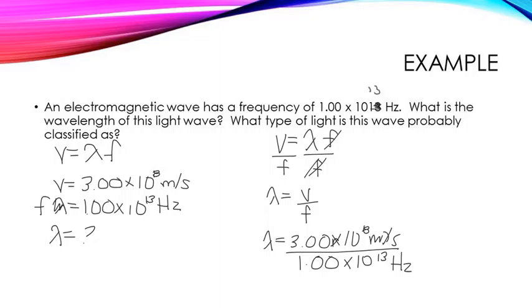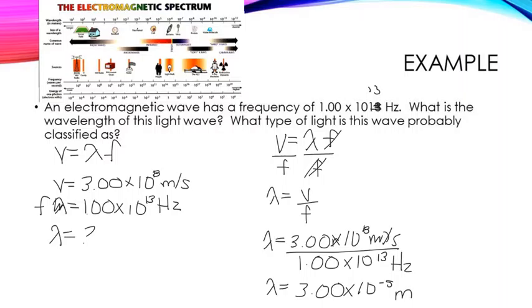Okay, and when I do the math on my calculator, I end up with my lambda equaling 3.00 times 10 to the negative 5 meters. So if I pull up the electromagnetic spectrum, 3 times 10 to the negative 5 fits in right about here for my wavelength, which means it would be infrared light.